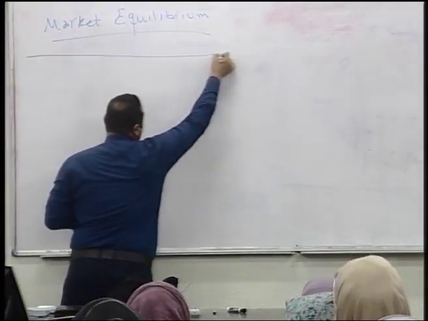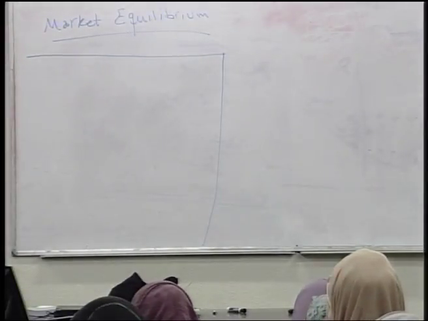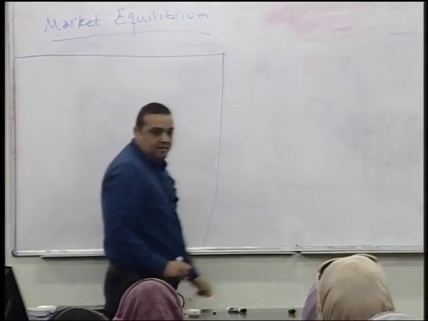We have the following table that represents different prices and different quantity demanded and quantity supplied.